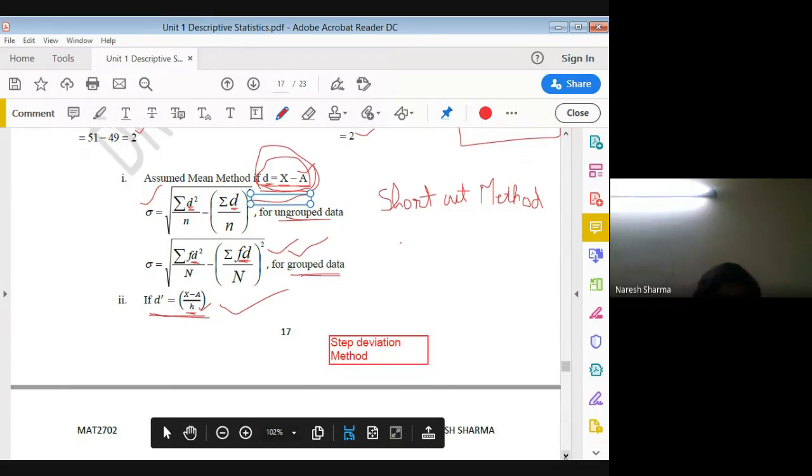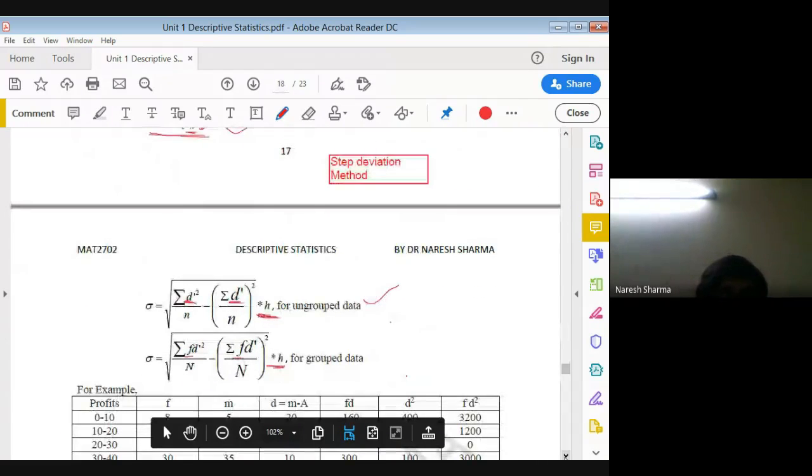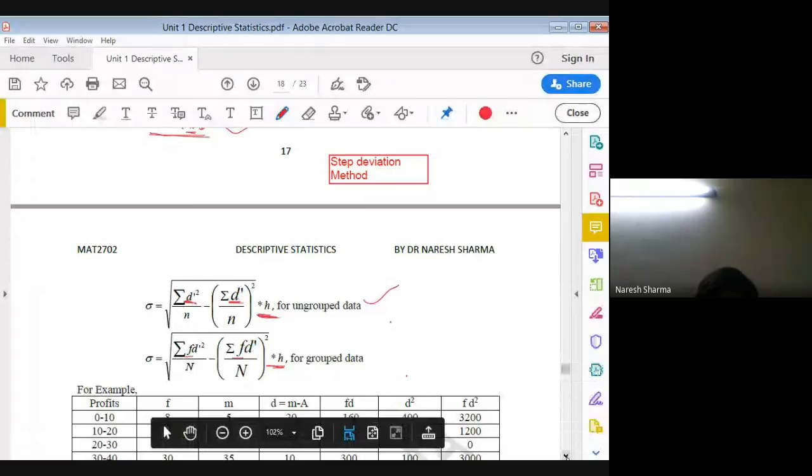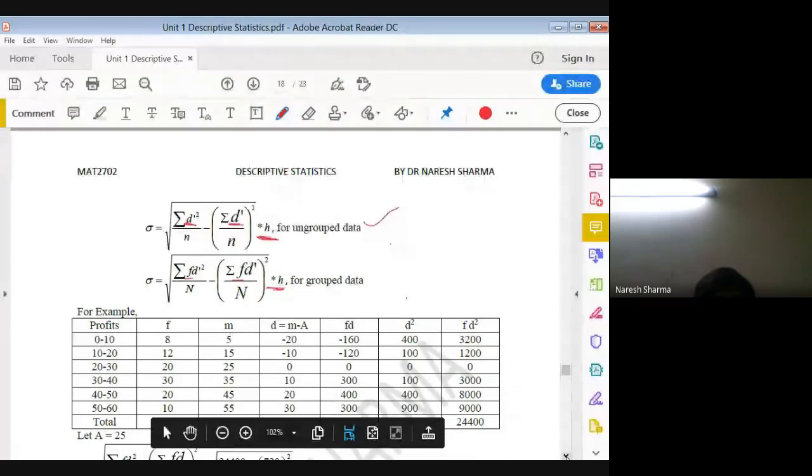So out of these four, it's totally your choice which one you like or prefer to solve your question. There is no specific rule where you can apply this.